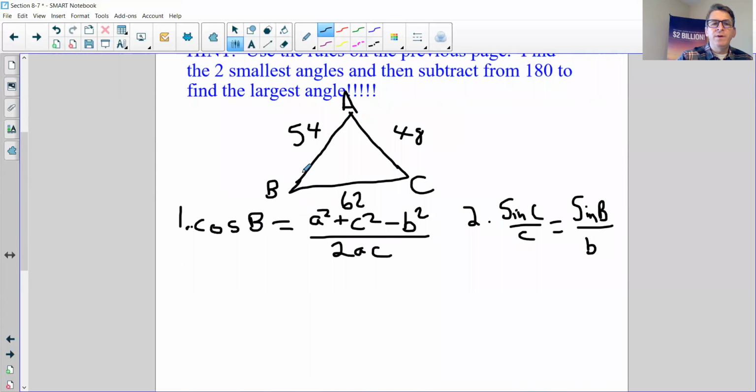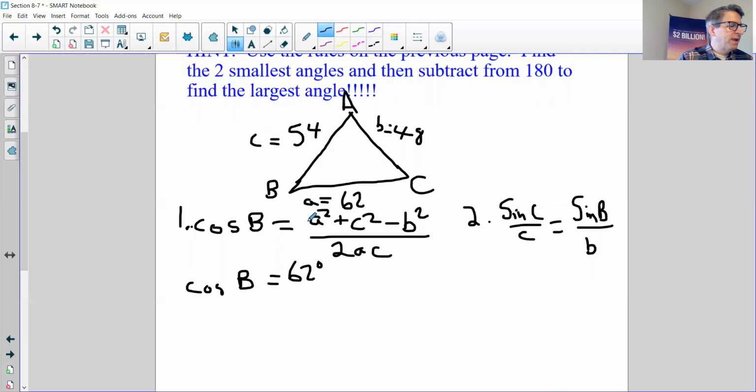The cosine of angle B is going to be a squared plus c squared minus b squared all over 2ac. Make sure that when you draw your picture, your sides are across from your angles. Side A is 62 and side C is 54 in my picture.